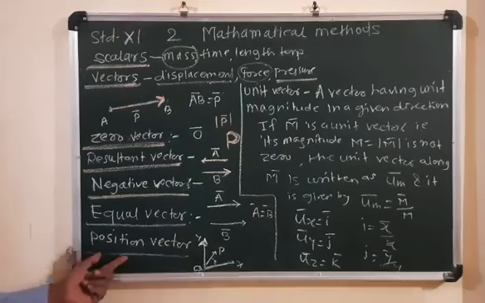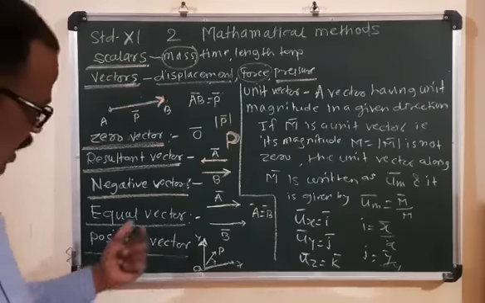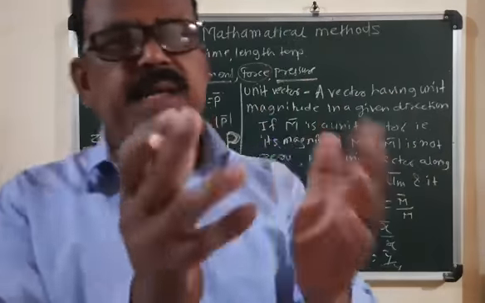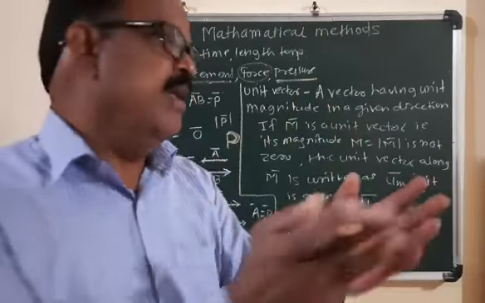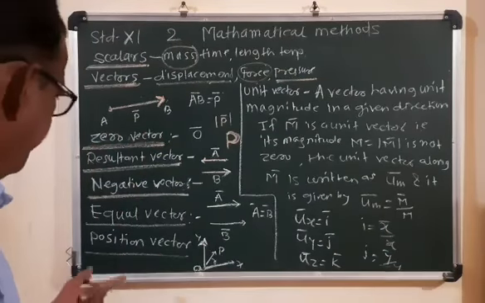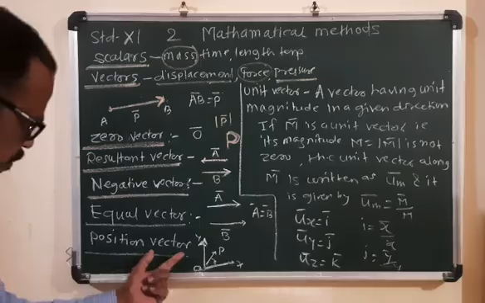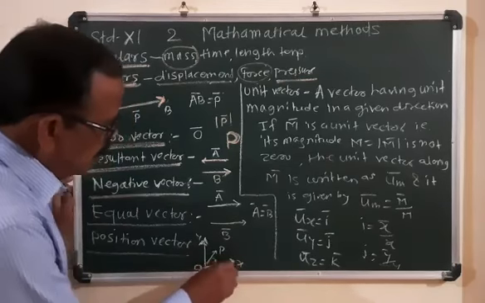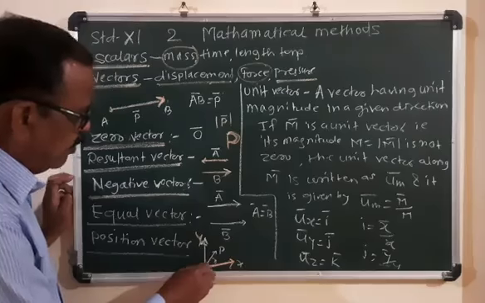Next, position vector. A vector which represents the position of a given object, body or particle in a chosen coordinate system is called the position vector. Here we consider a two-dimensional coordinate system x, y, with O as the origin.